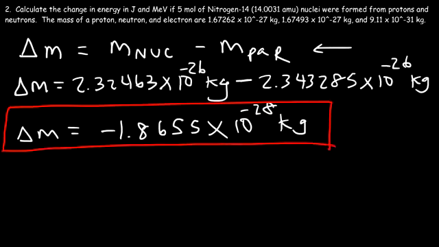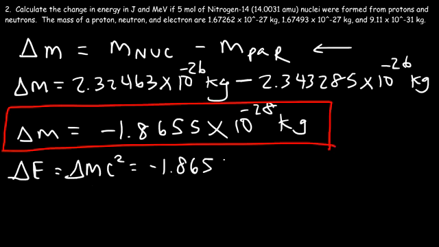So when the 7 protons and the 7 neutrons get together to form the nitrogen nucleus, this is how much mass is lost. And so that mass is changed into energy. So now let's calculate how much energy is released during the process. So this is going to be negative 1.8655 times 10 to the negative 28 kilograms multiplied by the square of the speed of light.